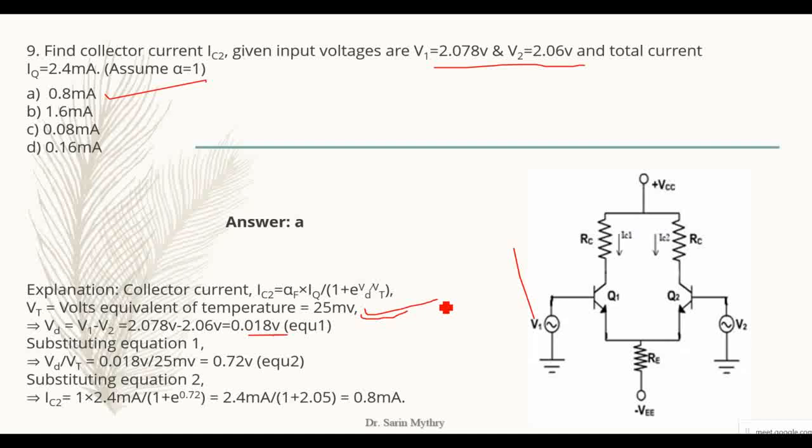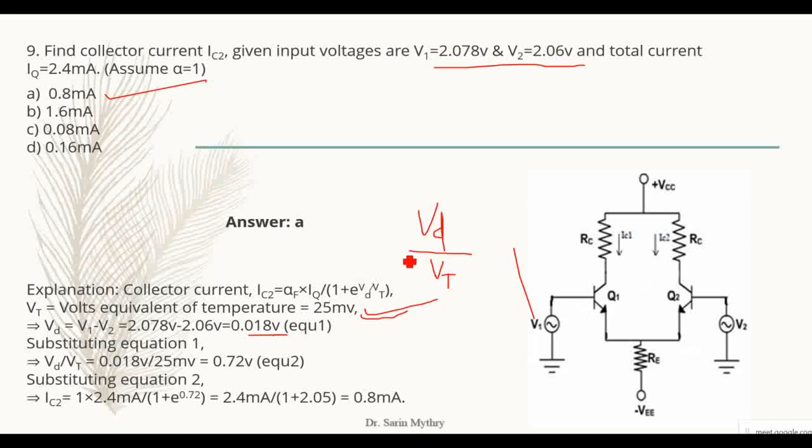So VT is equal to 25 millivolts. Substitute here in order to get this equation. So see here, it is e to the power of VD upon VT. In order to get this particular fractional term, we are doing this: VD upon VT. You can see now it's actually because of some pasting problem, it has got some change in its values.